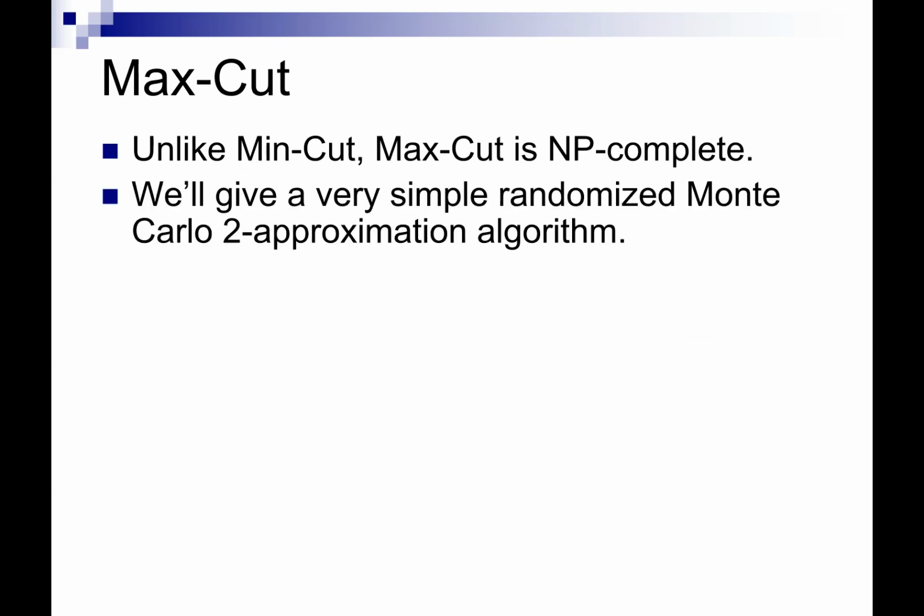Now unlike min cut, the max cut problem is actually NP complete. Last time, when we talked about local search algorithms, we looked at an algorithm which could eventually converge to a solution which was a 1/2 approximation. Meaning that if the maximum cut has, let's say, E edges in it, then that algorithm would always produce a cut with at least E over 2 edges.